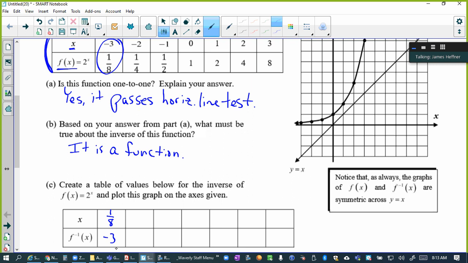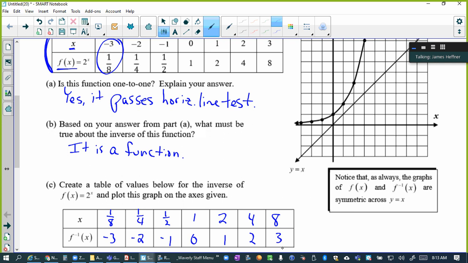We're just switching them. So let's copy this over. 1/4 will output a -2, and 1/2 will give an output of -1 for the inverse. 1 gives a 0, 2 gives a 1, 4 gives 2, and 8 outputs a 3 for the inverse of this function.